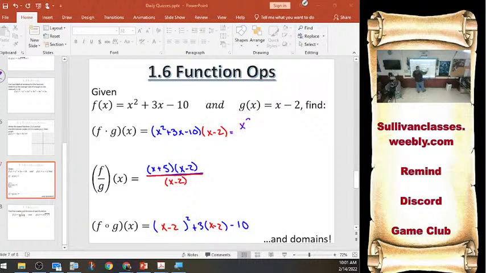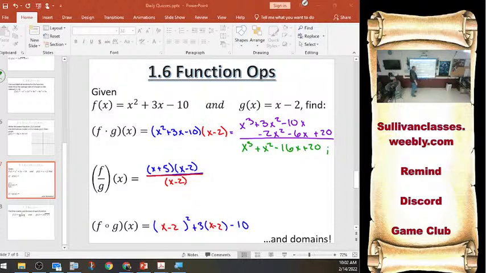Getting x cubed, 3x squared, minus 10x, and then a negative 2x squared, a negative 6x, and a positive 20, for a grand total of x cubed plus x squared minus 16x plus 20. Domain. If it's polynomial, by definition, all real numbers.